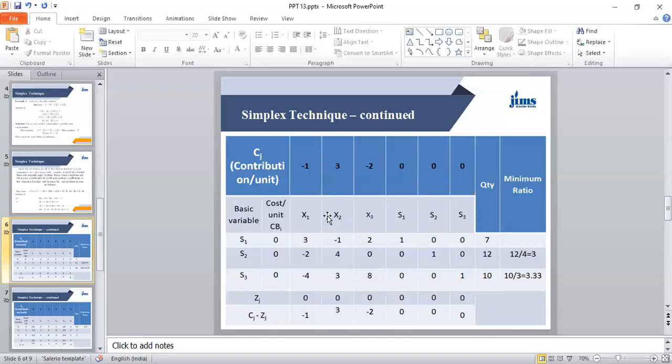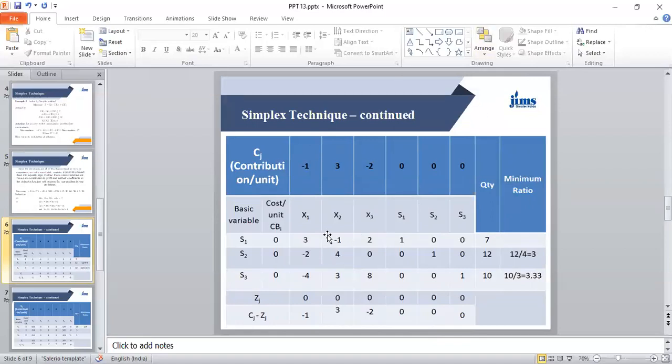So the column corresponding to the maximum positive value of Cj minus Zj in the maximization problem will be the key column. So this becomes the key column.